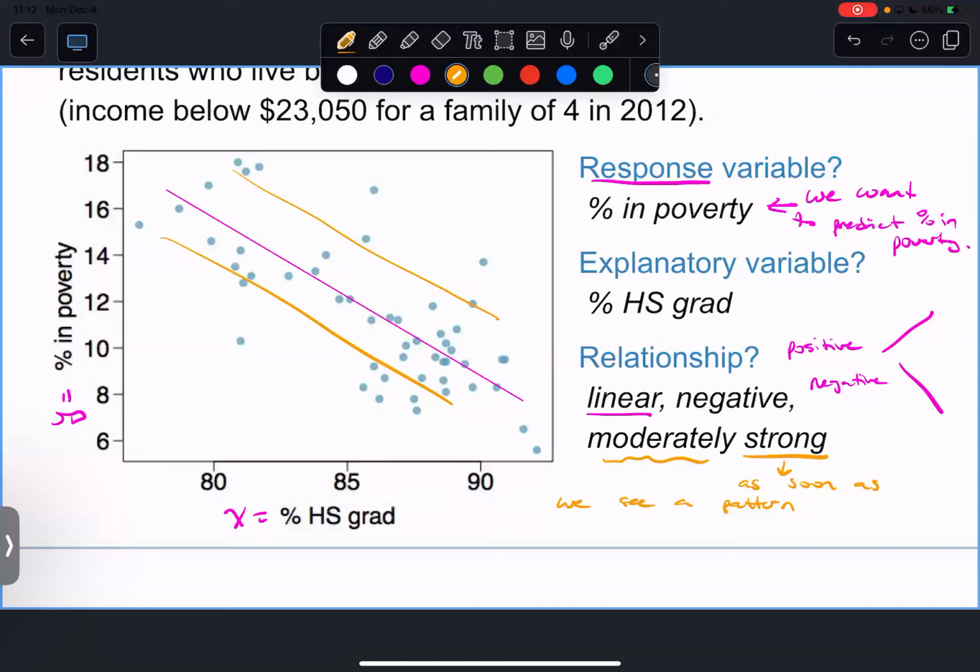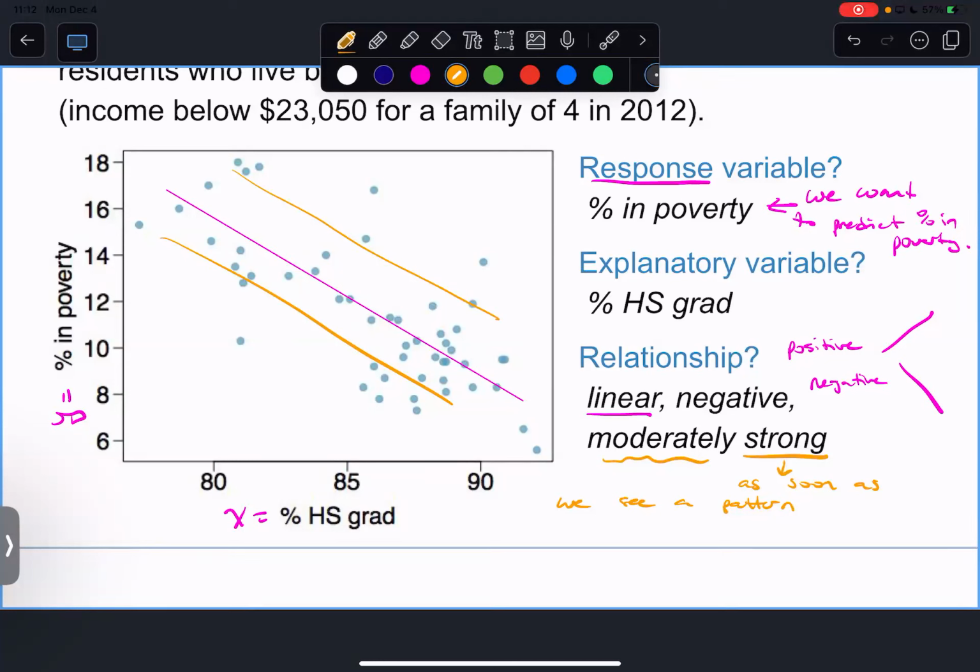I know psychology breaks it up into 0.1 intervals of the correlation, and there are different names that you're supposed to use if the correlation is 0.6 or 0.7 or something like that. I don't care, just go strong or weak, but I'm not going to get you to model anything that's weak, because there's no point. There's no relationship.